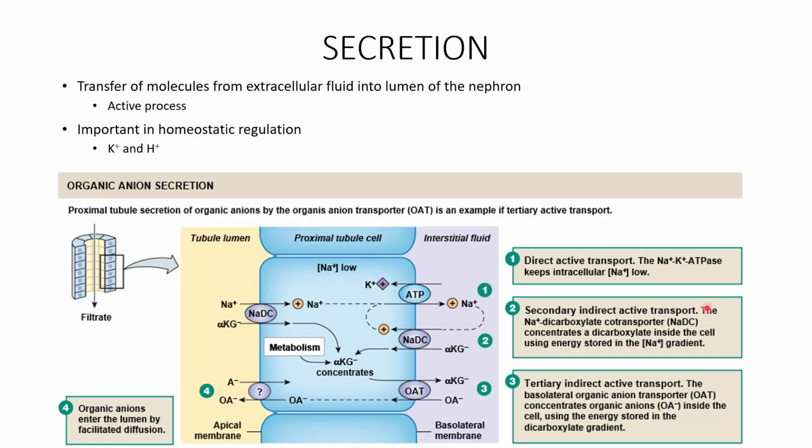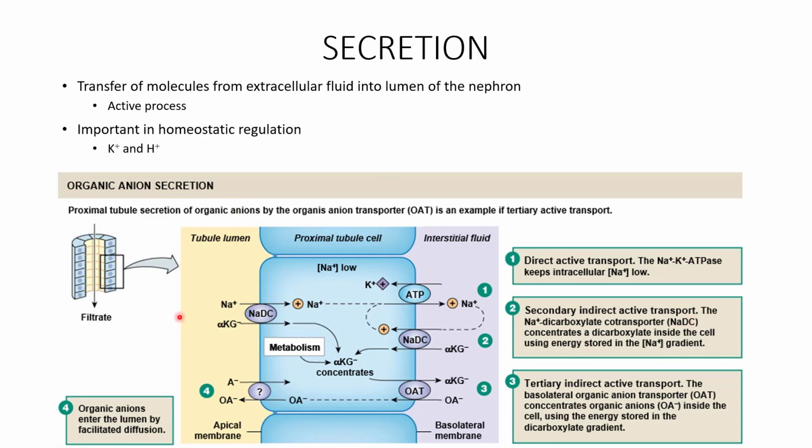Secretion is going to be the movement of molecules from our blood or the extracellular fluid into the lumen of the nephron outside of the glomerulus. So this is an active transport process, and it's really important. Secretion is going to be important for both our potassium and our hydrogen concentration homeostatic regulation.